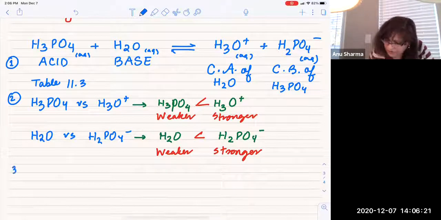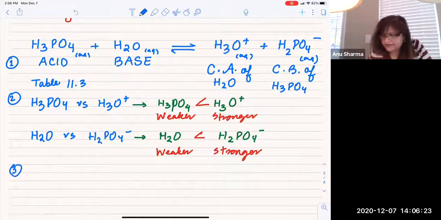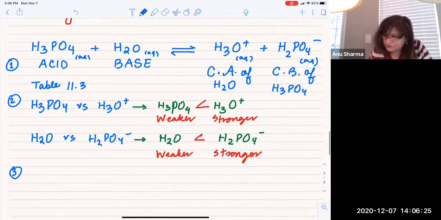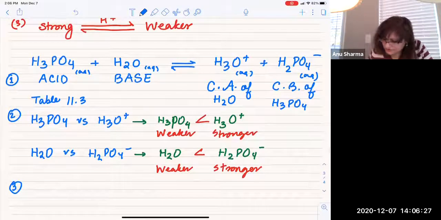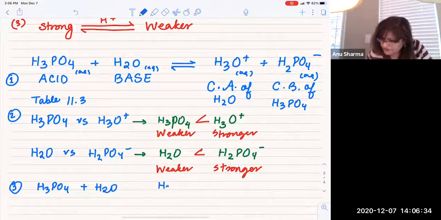Now we identified which is weaker, so now you're going to place them here. We see H3PO4 plus H2O, and H3O plus and H2PO4 negative.